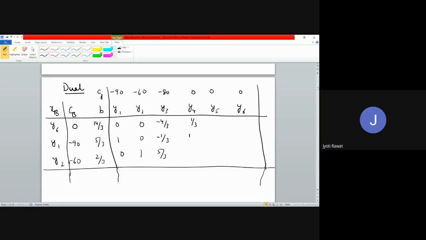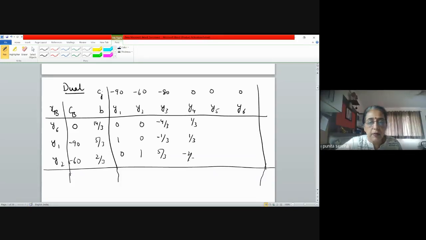Yes, ma'am. 1 by 3, 1 by 3, minus 2 by 3, minus 5 by 3, minus 2 by 3, 1 by 3, and 1, 0, 0. Am I correct or not? And since we are solving the minimization problem, we have changed the objective to maximization, so I'm writing it as capital Z star. Okay, tell me how much this came to?